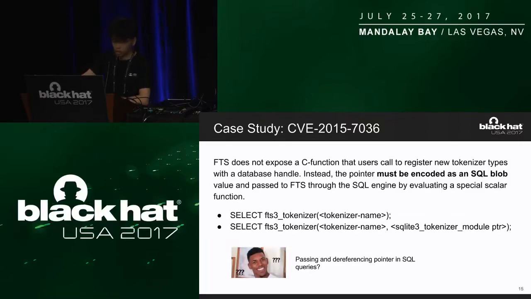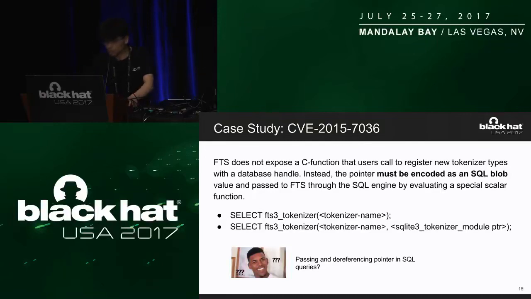Instead, you have to encode your pointer to your own tokenizer in a blob. That is just raw data. Then you can pass the blob to the engine through the SQL statement. You need to use a special scalar function, that is fts3_tokenizer.